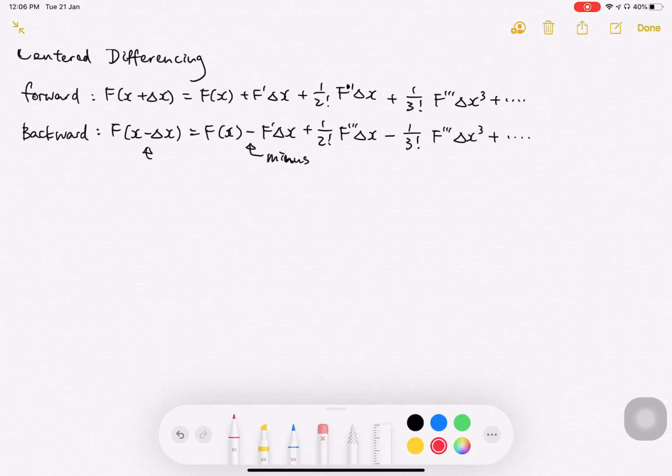So this minus is coming from this. This is 1, and then this is 2, and then 1 minus 2.